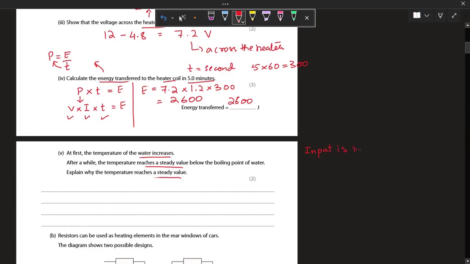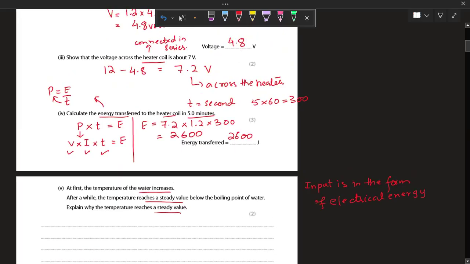Input is in the form of electrical energy. And how can we increase or decrease this energy transfer in this electrical circuit?